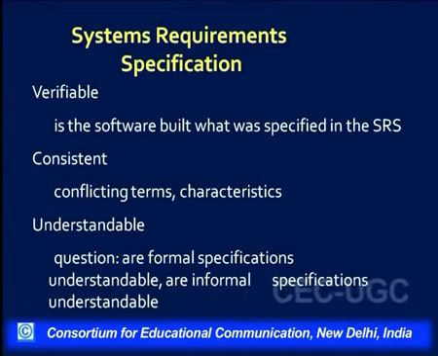Then it should be consistent. That is, conflicting terms should not be used within the domain or within the context of the document itself. Sometimes we see that the terms which are used are not the same, or they can have differing meanings. This should not be allowed.